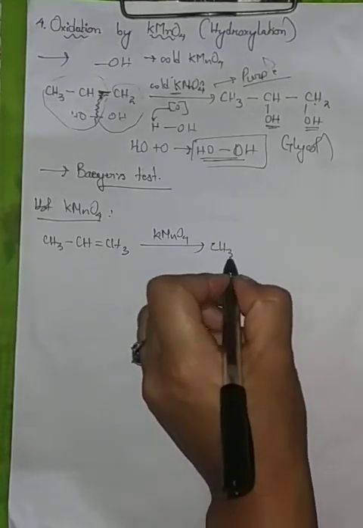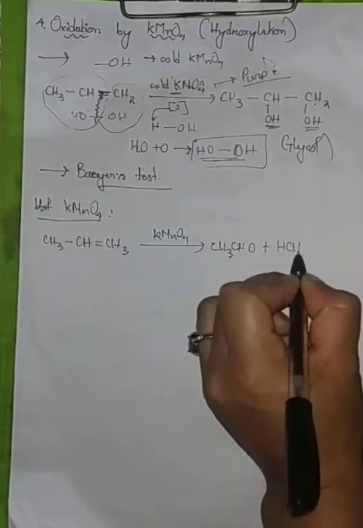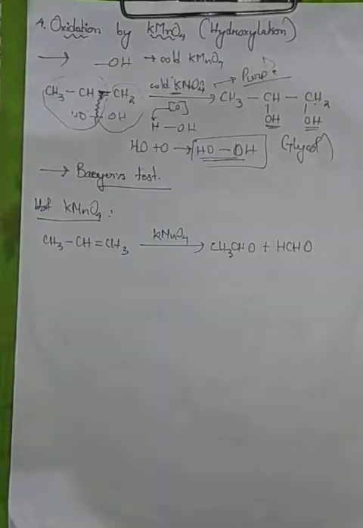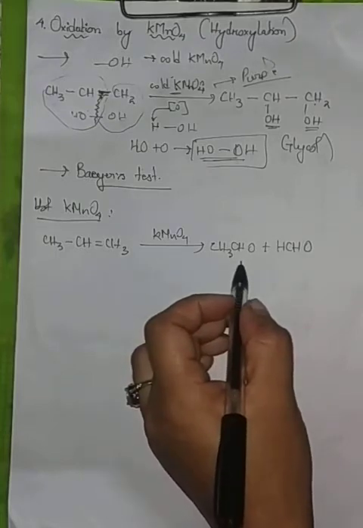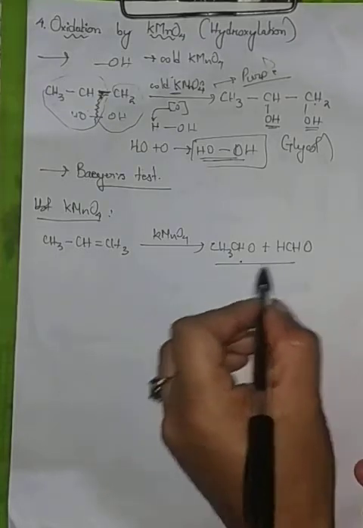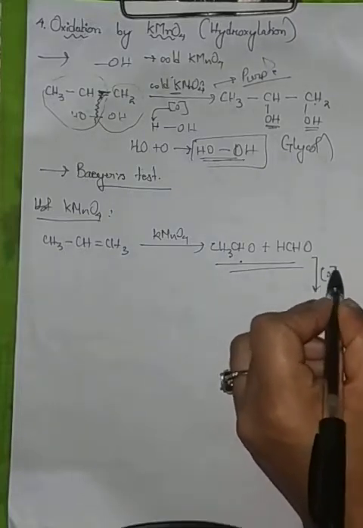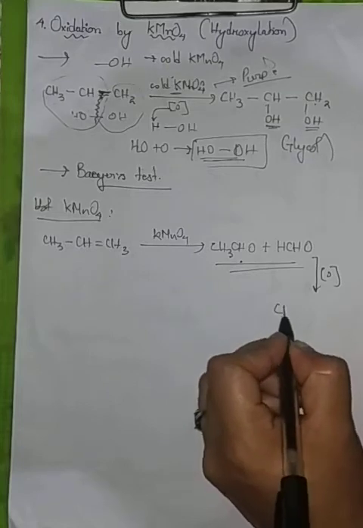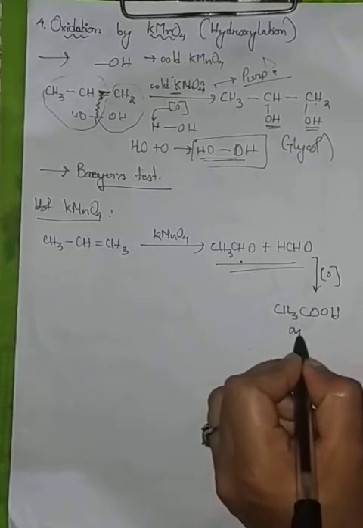An aldehyde is formed, two molecules of aldehydes are formed, and further oxidation takes place, which results in the formation of an acid.